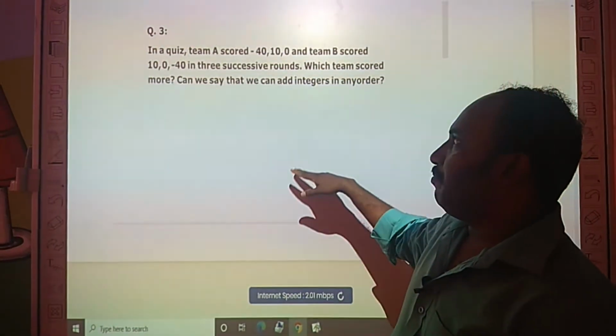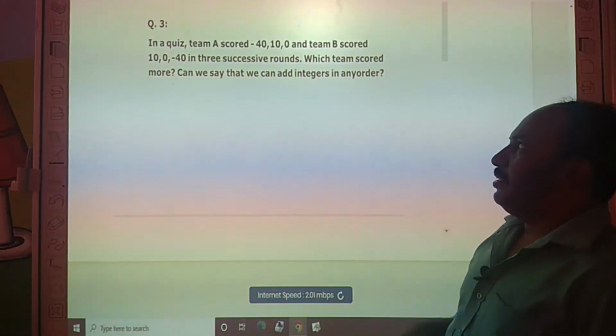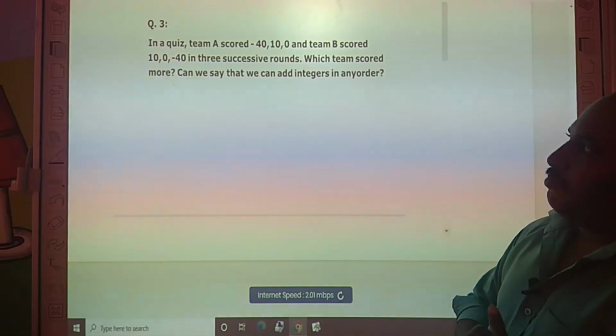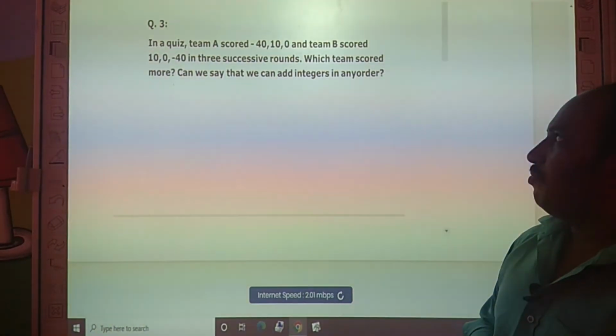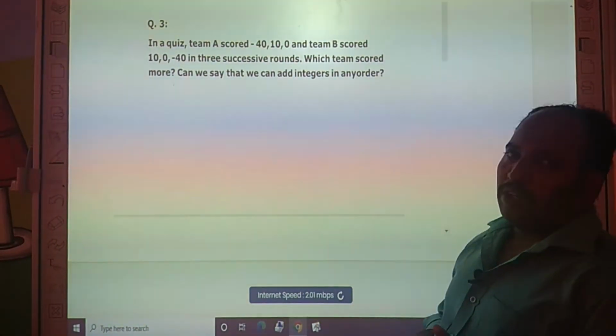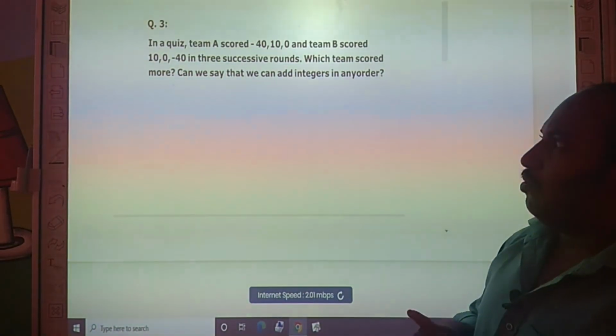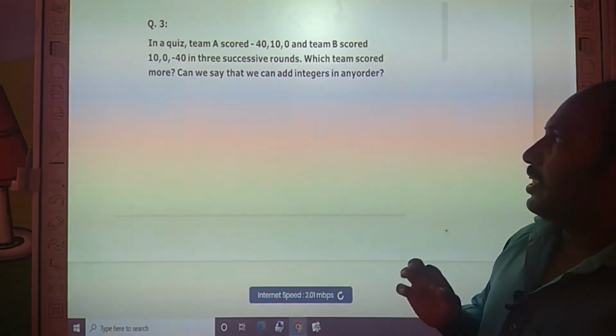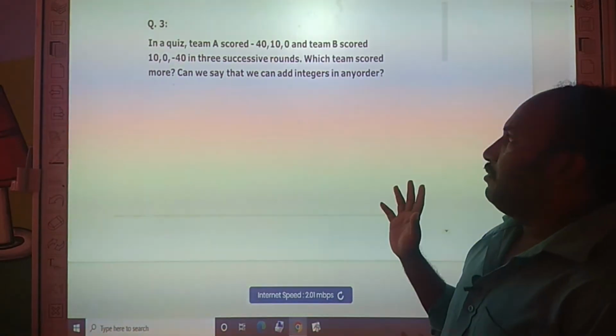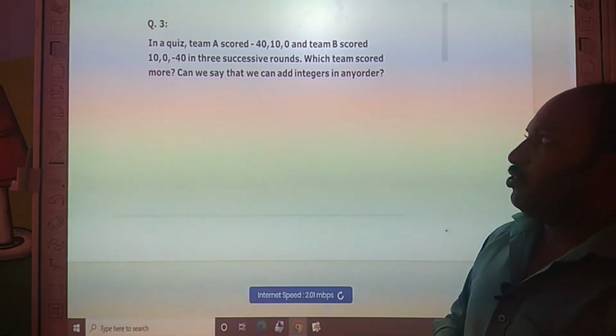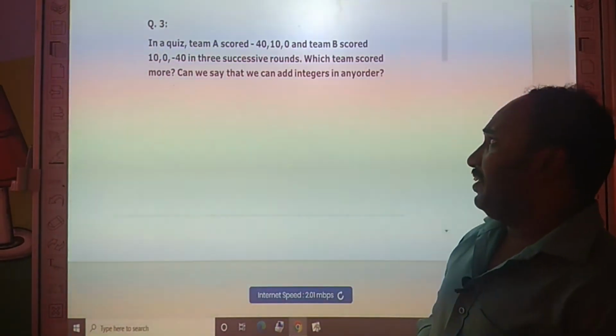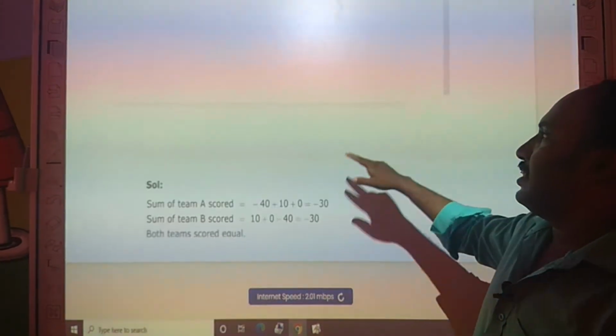Then question number 3. In a quiz, team A scored minus 40, 10, 0, and team B scored 10, 0, minus 40 in 3 successive rounds. Which team scored more? Can we say that we can add integers in any order?